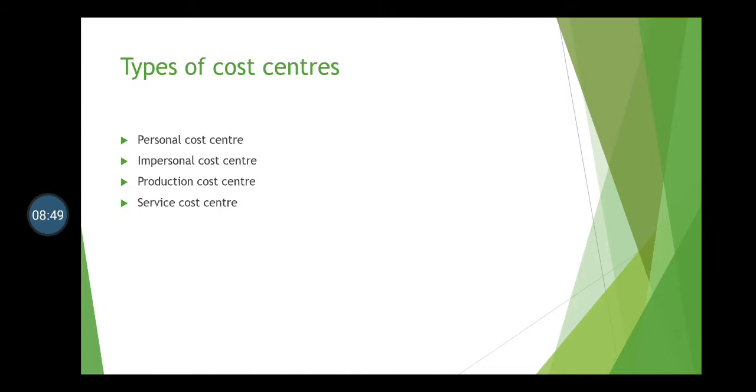Then we have production cost center. These are the cost centers where the actual production takes place. As I have told earlier in the example of the textile mill, the spinning unit, the weaving unit and the finishing unit, each unit is a cost center. Then we have the service cost centers. These are the cost centers which provide service to the production cost centers.